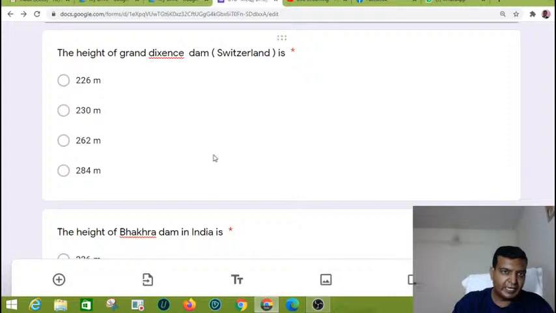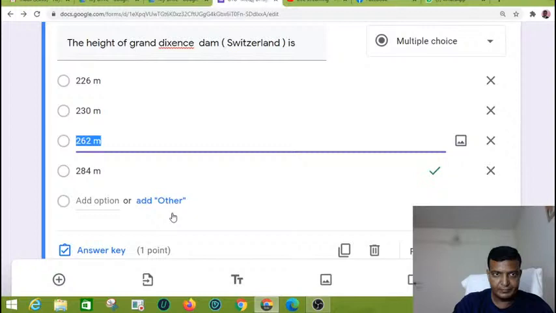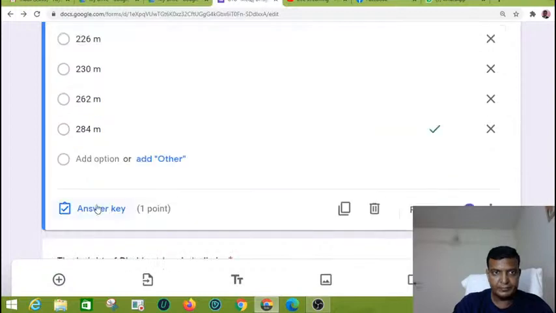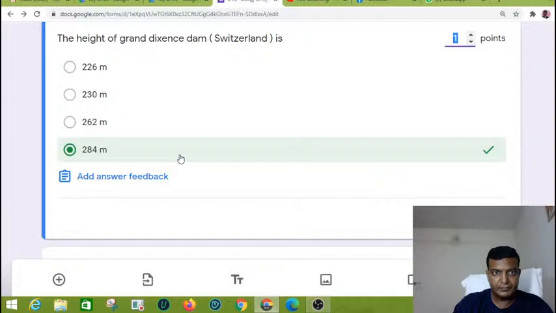The height of the Grand Dixon Dam is 284 meter.